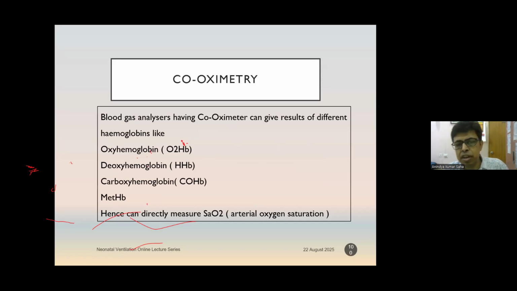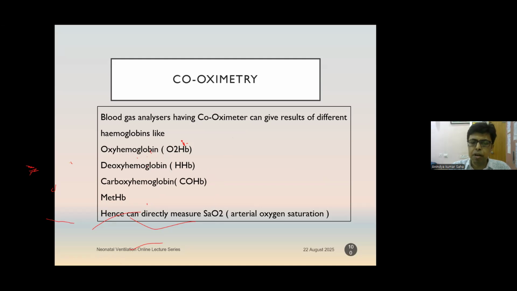Another important thing is that some blood gas machines additionally use a co-oximeter, and they can estimate various parts of the hemoglobin like oxyhemoglobin, deoxyhemoglobin, carboxyhemoglobin, methemoglobin, and so many things. They can directly calculate the ratio of oxyhemoglobin and deoxyhemoglobin and give a very accurate presentation of arterial oxygen saturation, which is very reliable, even more than the pulse oximeter SpO2.